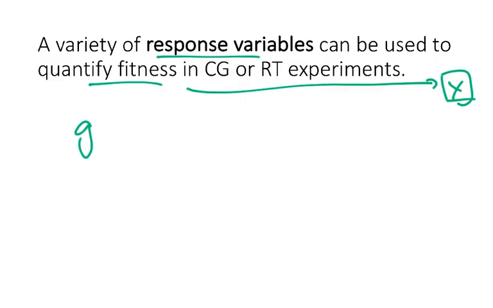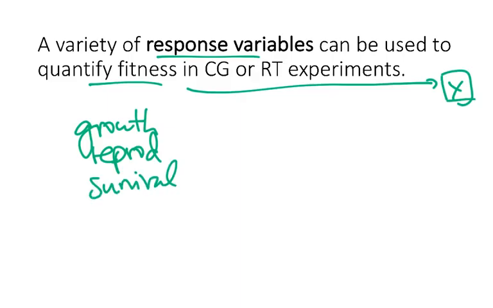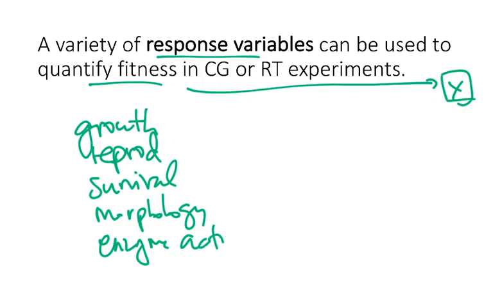Those can be things like growth, reproduction, survival, which we've already talked about. Morphology is another one. These are all observable physical characteristics. Something like enzyme activity, development rate.